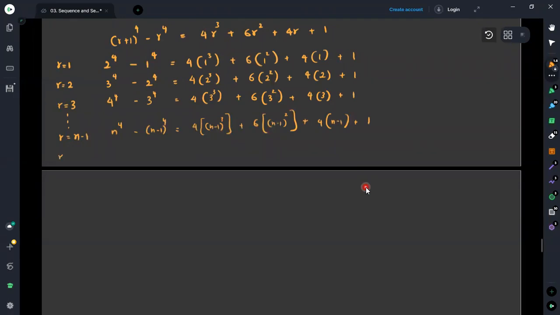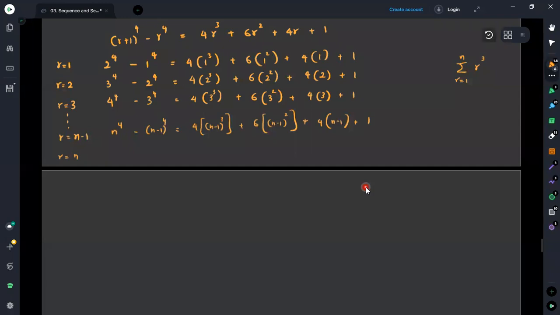and as the last value of substitution we'll take r equals n, and it is because what we need to obtain is the summation of r cube, where r is going from 1 to n. That is why we are substituting r starting from 1 and ending up at the value n.